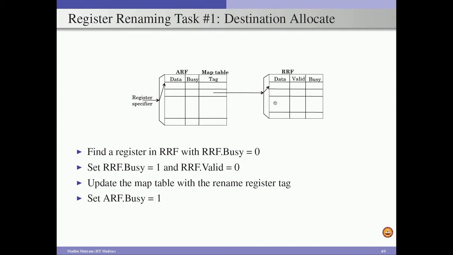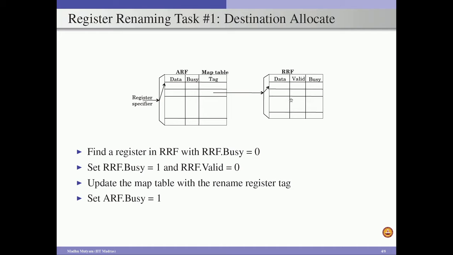Once we select that, we set the busy bit to 1, indicating that this register is going to be used as a rename register for some destination register in our instruction. And we also make the RRF valid bit equal to 0, because we just renamed the register, but we have not computed the value and it has not been written to the rename register. So, if any trailing instruction wants to access this rename register to get the operand, the valid bit indicates that the data is not available and you should not read the value from it.